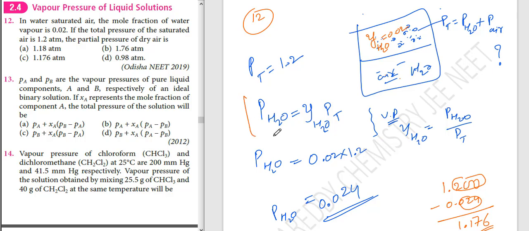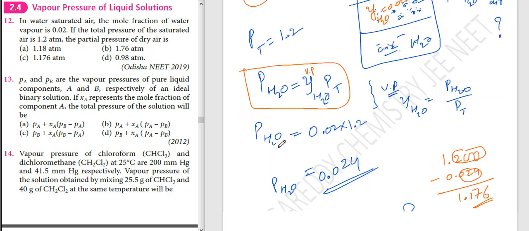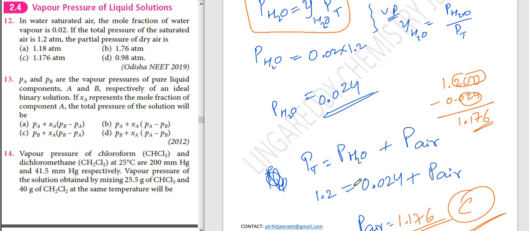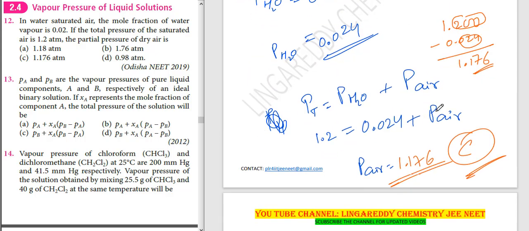So this is the formula. Partial pressure equal to this mole fraction in vapor phase into P total. Then I did partial pressure of water, I got it. Then P total equal to P H2O plus P air. Then I substituted, then I got P air equal to. Is it clear?